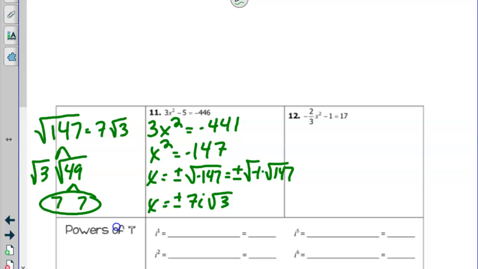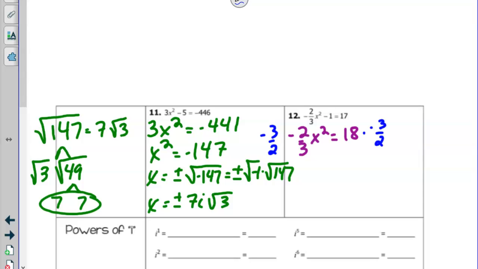Alright, let's handle number 12. 12 has a fraction in it. What would I do first in 12? Add the 1, so we have negative 2/3 x squared equals 18. What do we do with the negative 2/3 now? Very good. We're going to multiply both sides by negative 3/2.